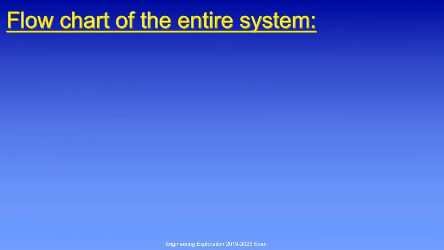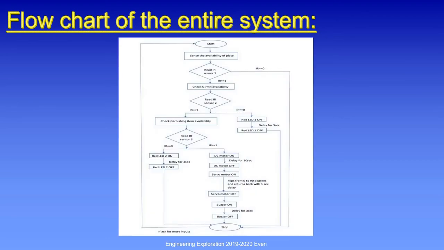So our flowchart of the entire system looks like this. Let me tell you in brief about the flowchart. At the beginning of the process, first the IR sensor 1 detects the availability of plate. If the plate is sensed, then IR sensor reads 1 and it goes to the second IR sensor to check the availability of girmit.